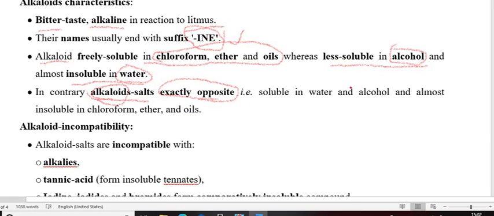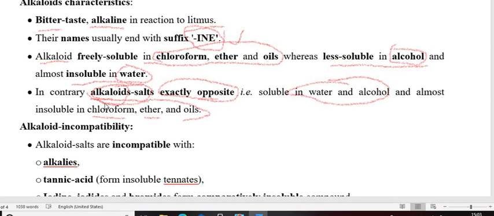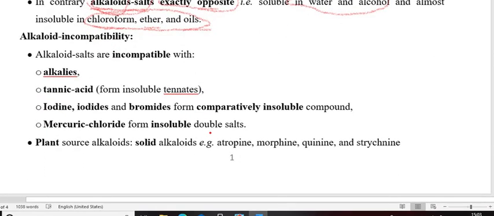Now the salt becomes soluble in water as well as alcohol, whereas the alkaloid as such is insoluble in these two. However, the alkaloid salt is insoluble in chloroform, ether, and oil. So this is another important characteristic of the alkaloid.